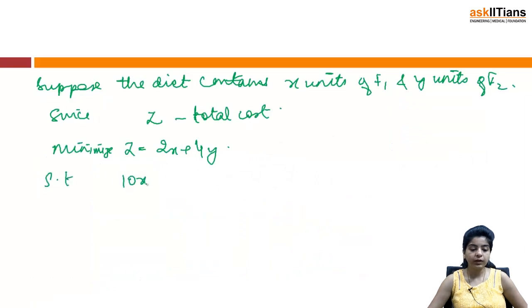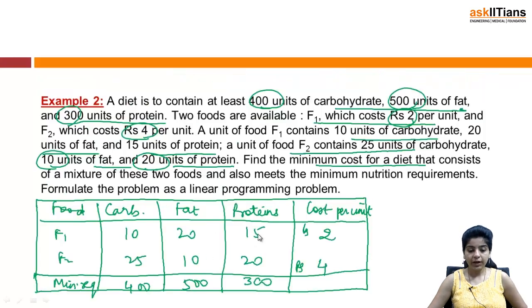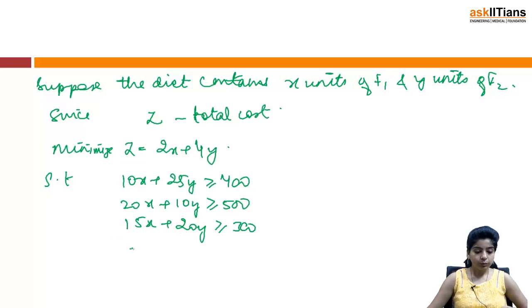Subject to, we'll have 10x plus 25y is greater than equal to 400. Similarly, now you'll have 20x plus 10y is greater than equal to 500, and then we'll have 15x plus 20y is greater than equal to 300, plus obviously x and y would be greater than equal to 0.